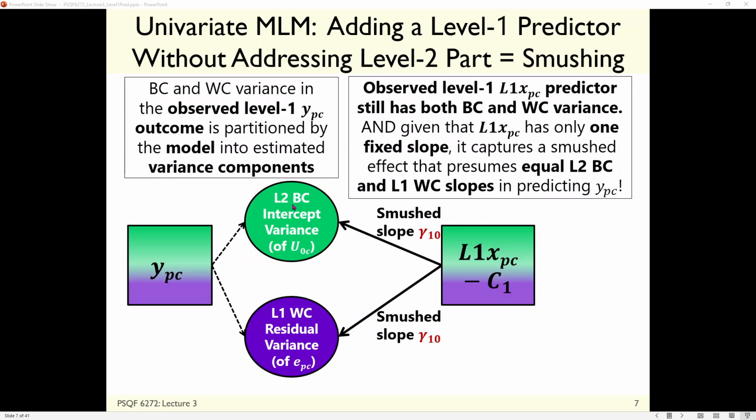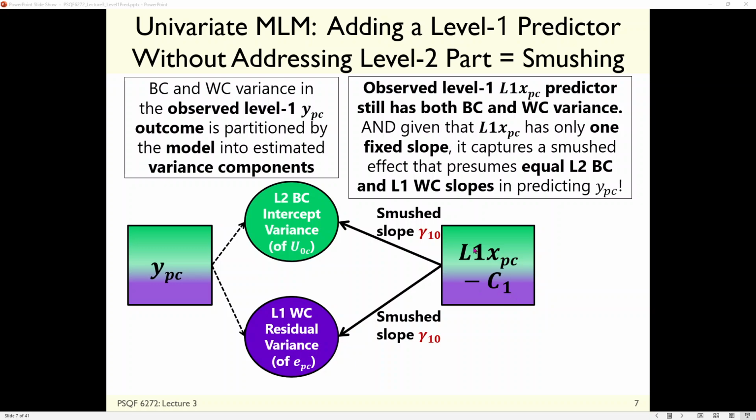We have circles here because these are latent, in the sense that the model is figuring out how much of the variance is due to U and how much is due to E. On the X side, though, we didn't do this first step. We haven't tried to split out how much is green at level 2 or purple at level 1.